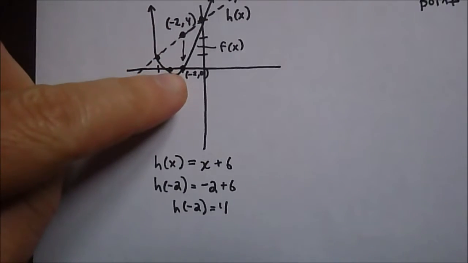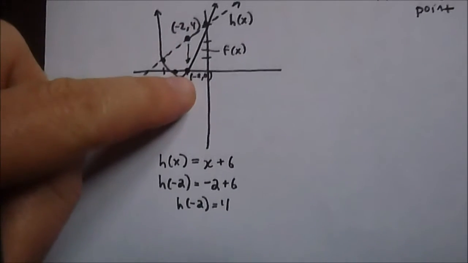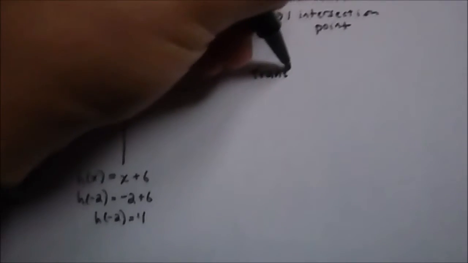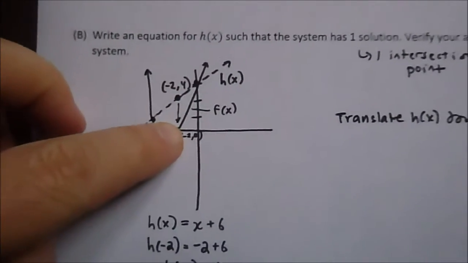I know I need to get it down to (-2, 0) if the line is only going to touch the graph at one place. So I need to translate h of x down 4 units, because that's how far it is to get from 4 to 0.